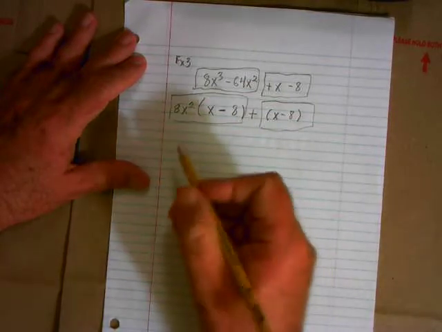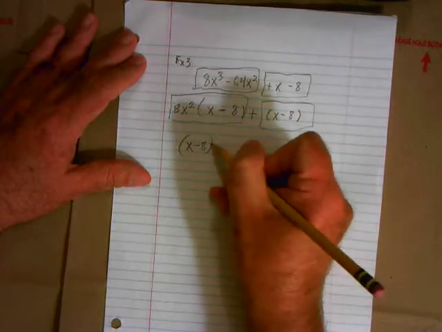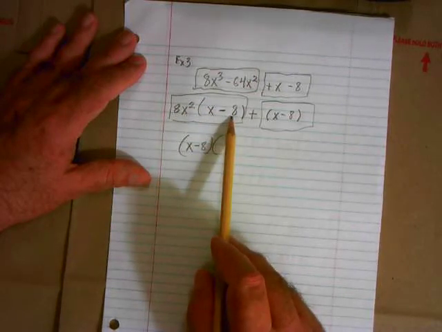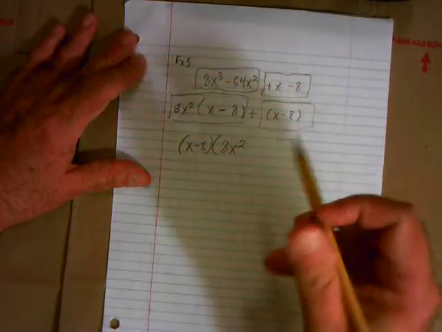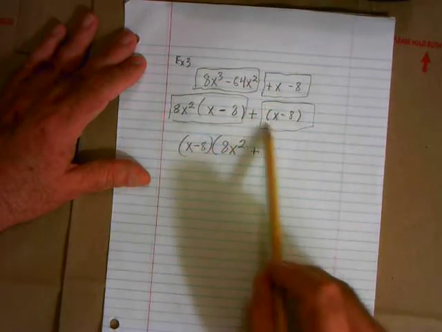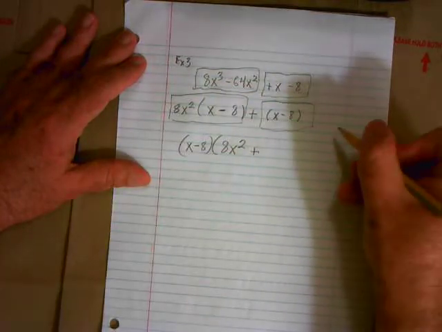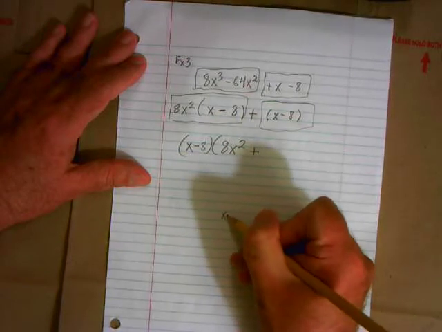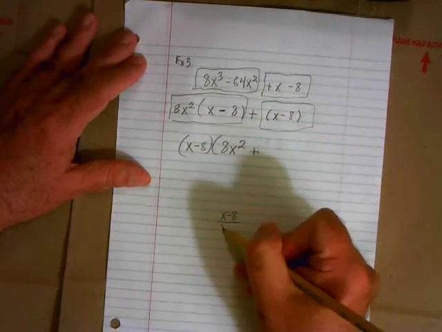Well, let's see what happens if we factor out x minus 8. Well, the first term's pretty easy. If we factor out x minus 8, all we have left is 8x squared. And then we have the plus. Now, if we factor out x minus 8 from this back term, essentially what we're doing, I'm going to put this a little down below so you can see it, we're actually taking x minus 8 and dividing out x minus 8.